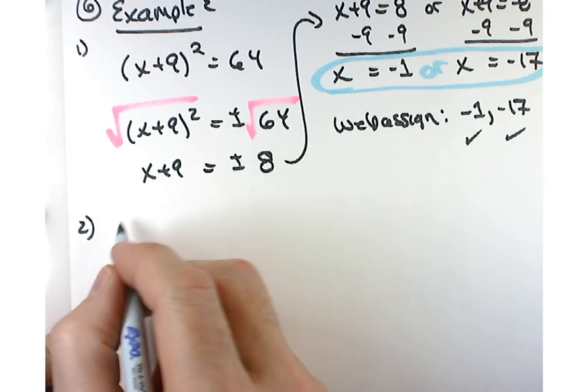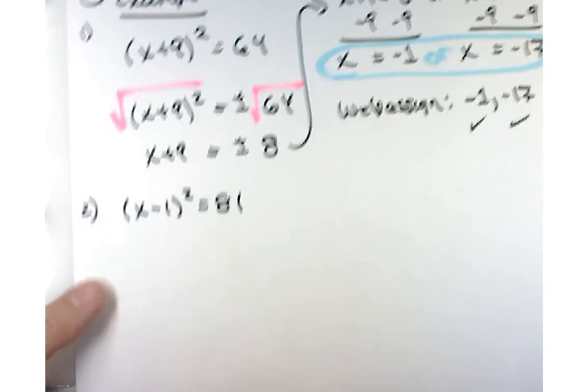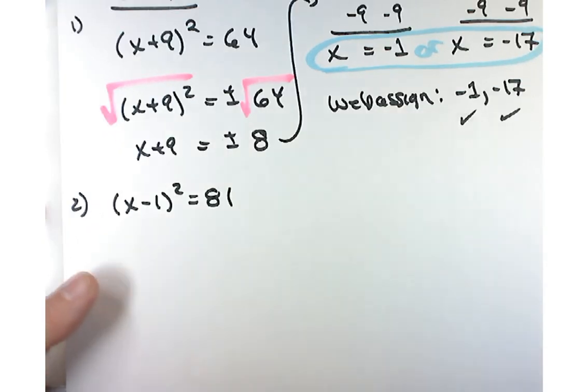Let's try another one. X minus 1 squared equals 81. I'll give you a minute to work on this.